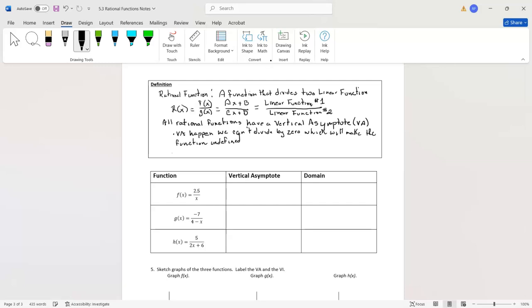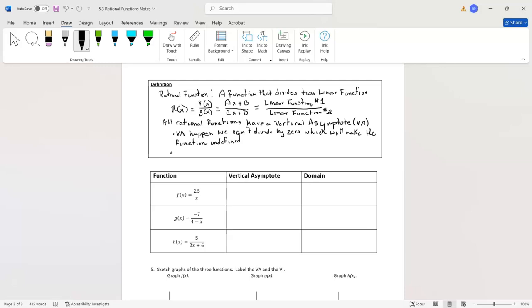The other thing to keep in mind, when we have this vertical asymptote, that vertical asymptote divides or breaks up the domain because it's going vertically. It would be like a wall in your house. So that's going vertically, breaking up, say, from one room to another.